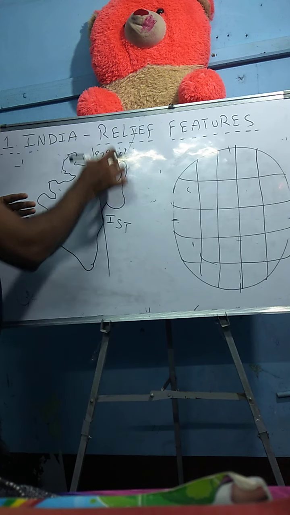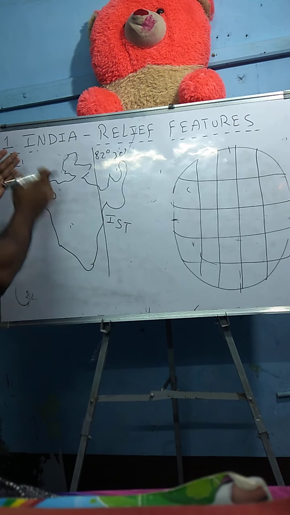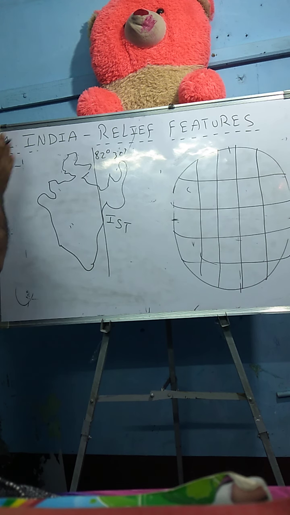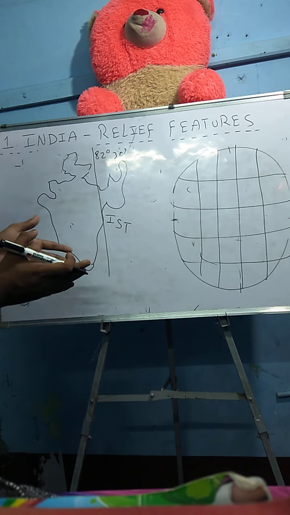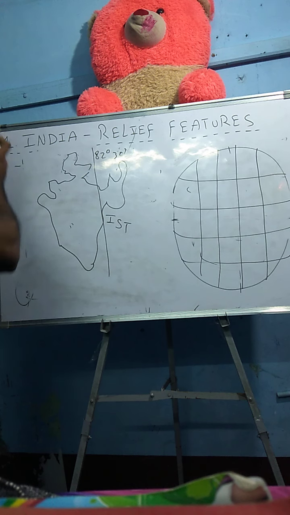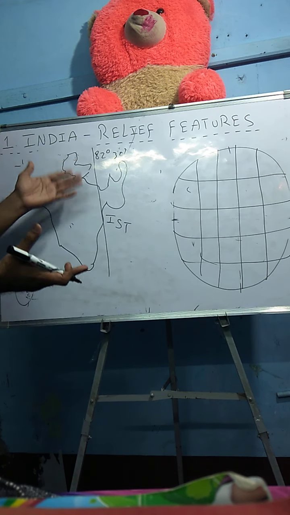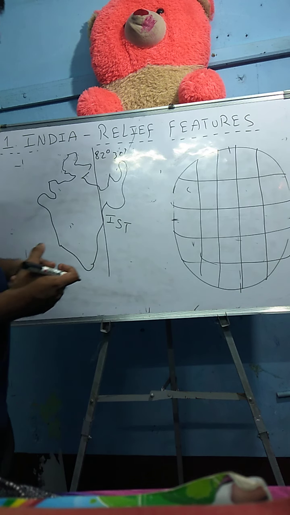Each country has its own standard time: India has Indian Standard Time, and Pakistan, Arab countries and African countries have their own, such as Pakistan Standard Time and Arab Standard Time. With the help of Indian Standard Time, we get the time information.